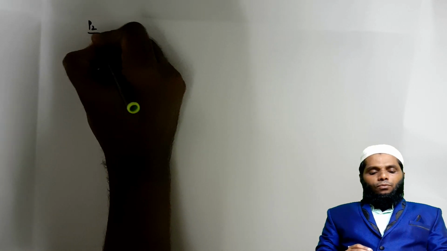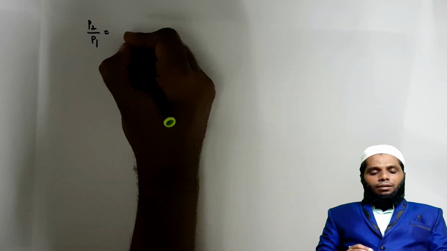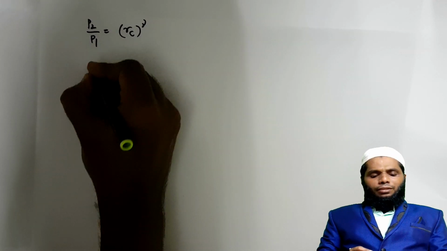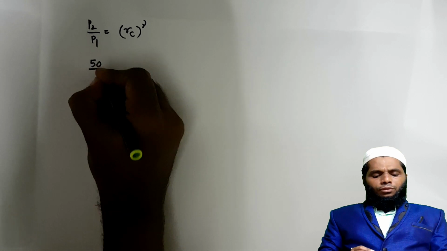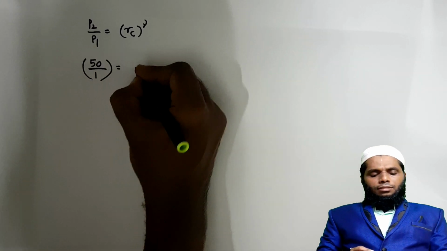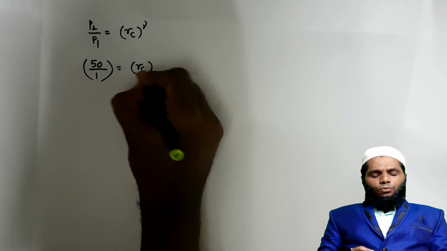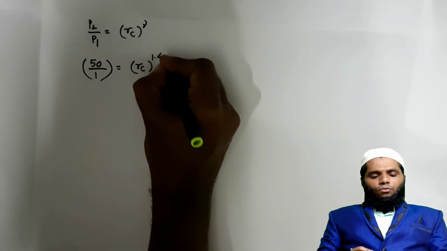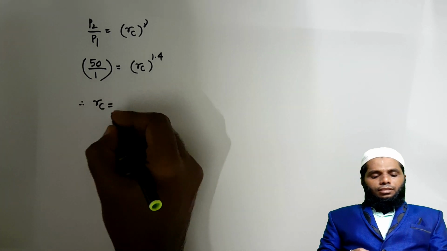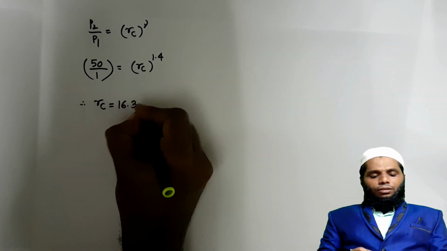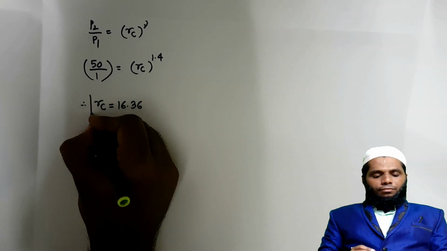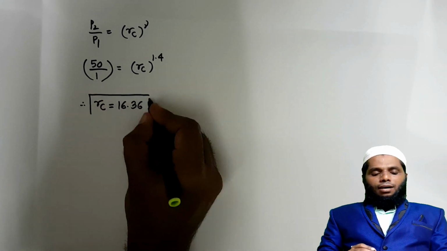P1 we have 1 bar and P2 value we have 50 bar, and adiabatic index we know. So P2 50 upon P1 1 is equal to RC raised to 1.4. So therefore this compression ratio RC is equal to 16.36.